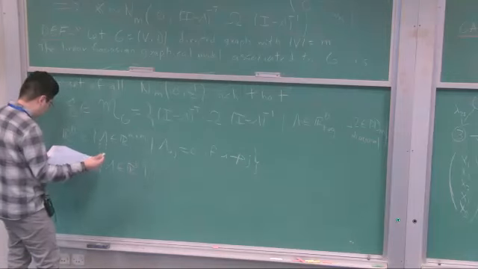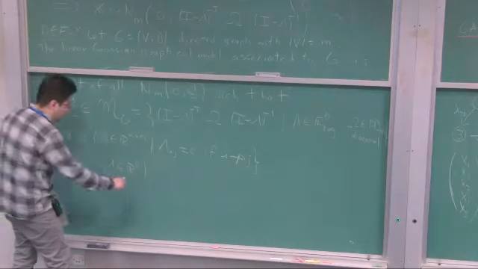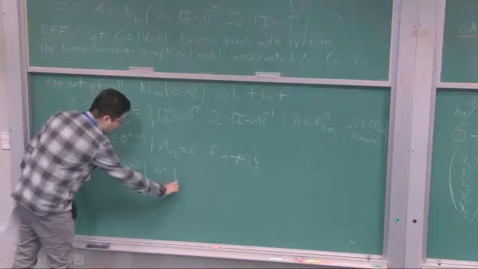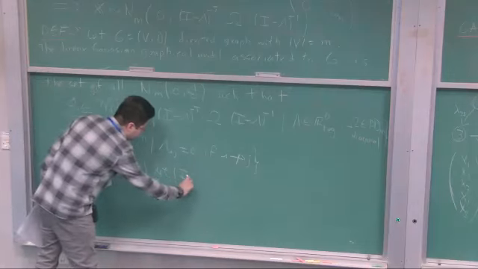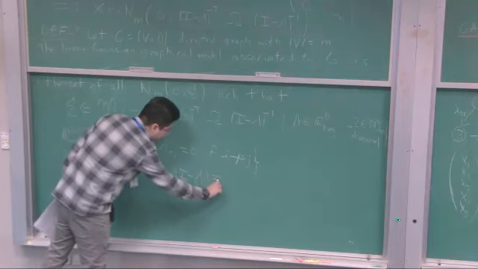So I'm going to write that the determinant of identity minus lambda is different from 0.